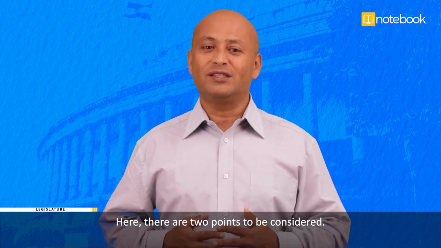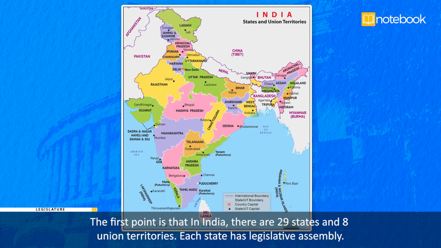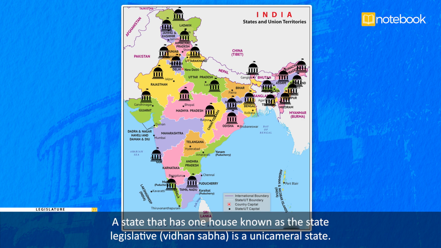Here, there are 2 points to be considered. The first point is that in India, there are 29 states and 8 union territories. Each state has a legislative assembly. A state that has one house, the State Legislative Assembly or Vidhan Sabha, is known as a unicameral state.